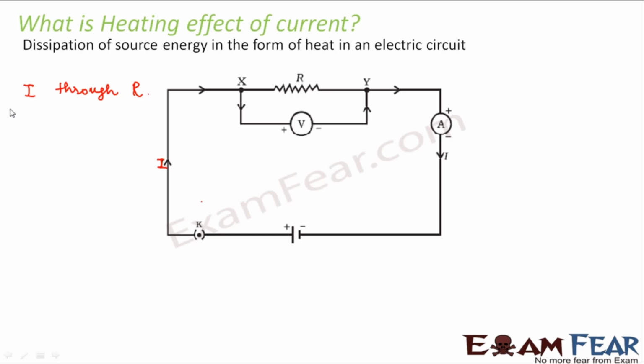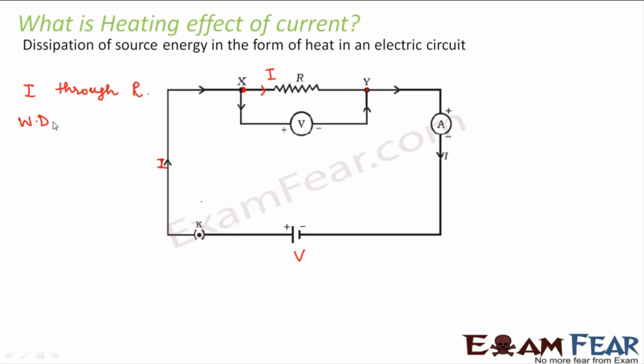Let us suppose the potential difference provided by this source is V, that is, the potential difference between these two points. Right now we are concentrating across this resistor. We say that the current through this resistor is I and the potential difference across this resistor is V. So what is the work done in moving a charge Q through this potential difference V?